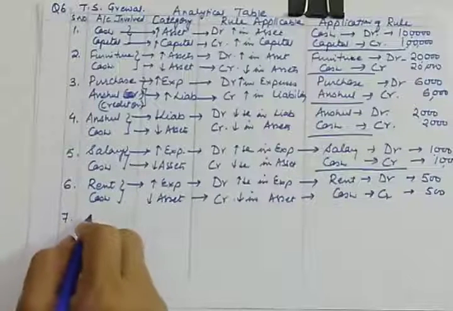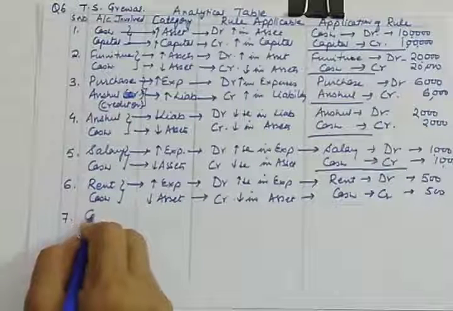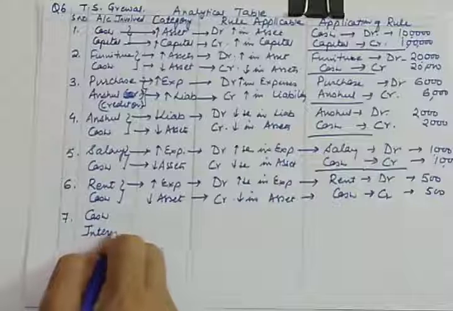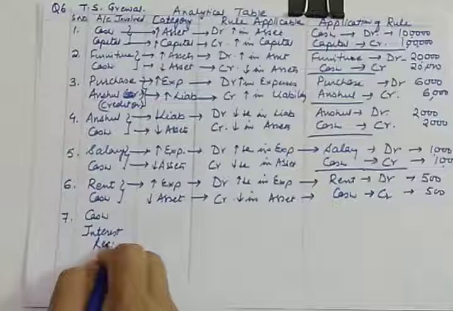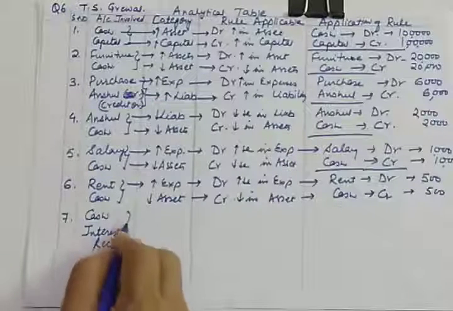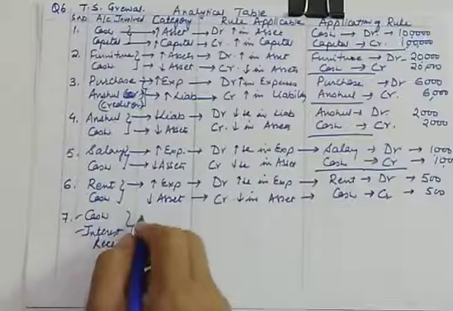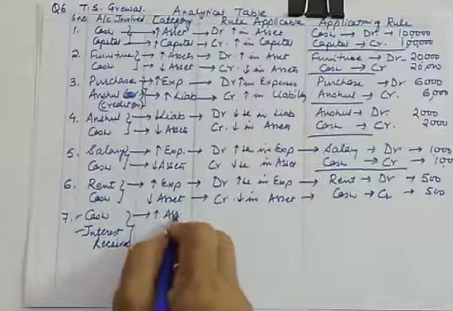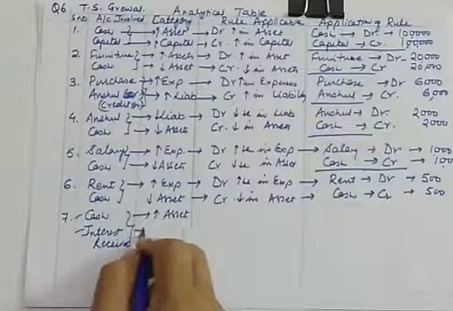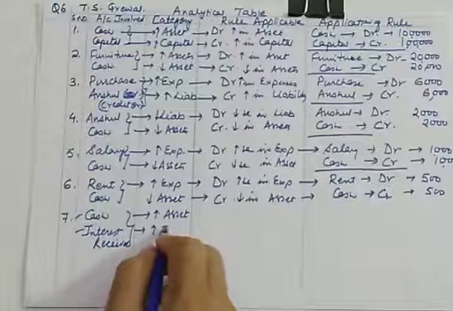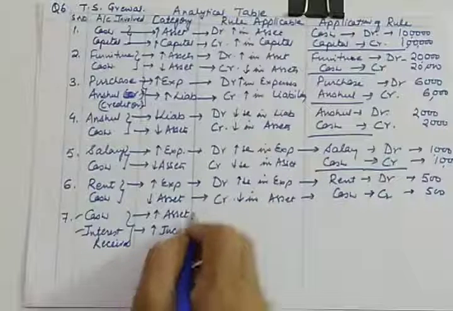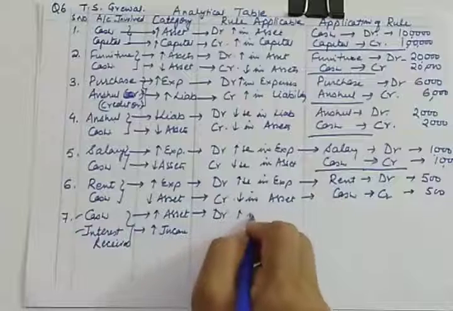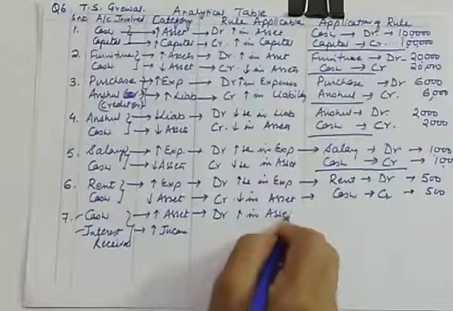Received interest. So when you receive interest, nothing is mentioned, it means you are receiving in cash. So cash and interest received. Two accounts are involved. One is cash, another is interest. Cash is your asset. So asset is increasing because you are receiving interest, and this is your income. So increase in income. Rule for increase in asset: debit, increase in asset.